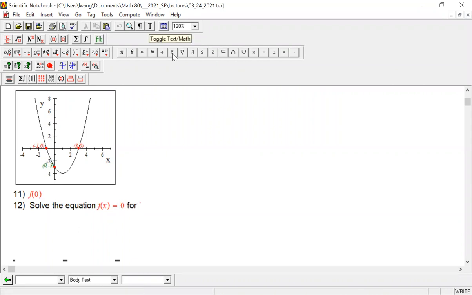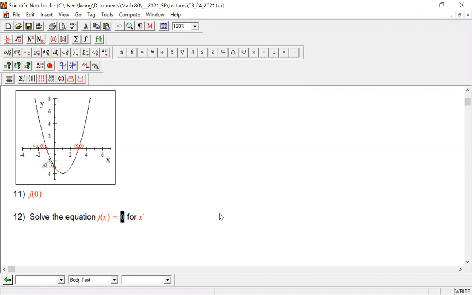So it's still the same story, right? It says, well, if the input is 0 for 11, if the output is 0 for number 12.